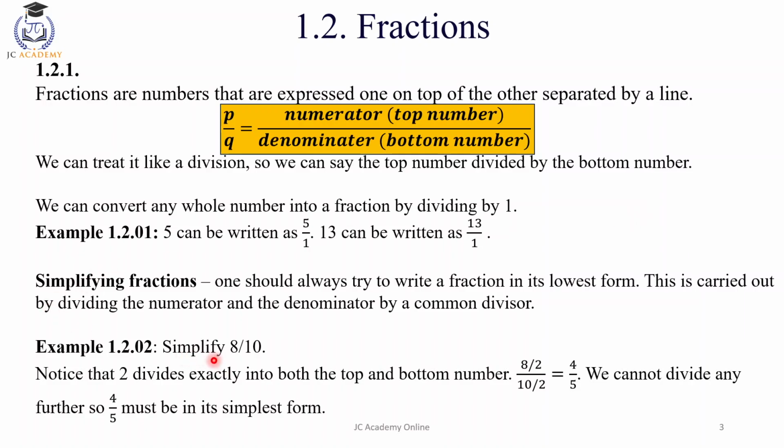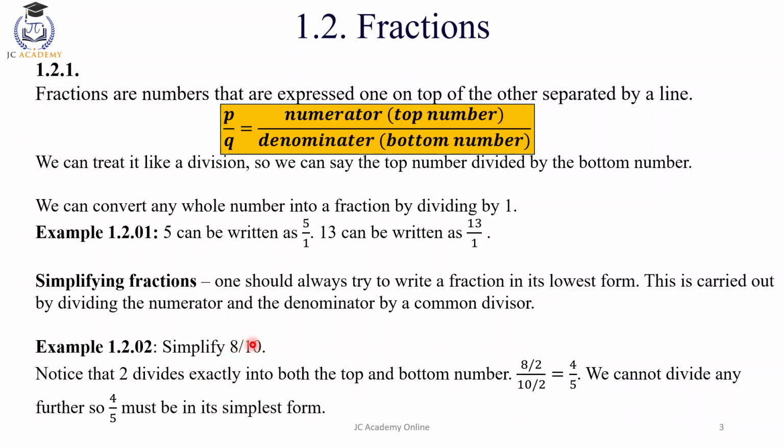So let's look at an example. Simplify 8 divided by 10. This is just another notation; we can write it as 8/10. Notice that both the numerator and the denominator are even numbers. So what do we know about even numbers?